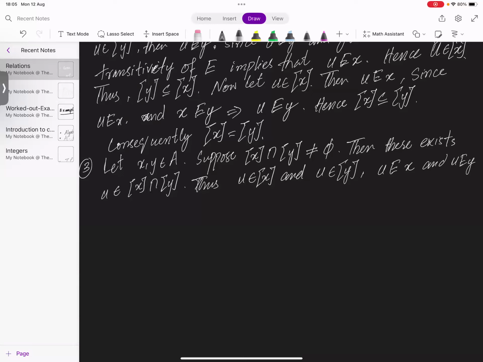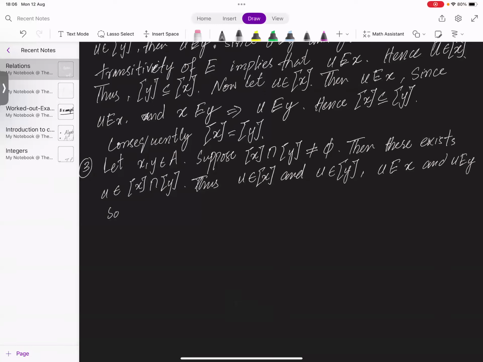So y is E related to x. This implies that y is in the equivalence class of x.